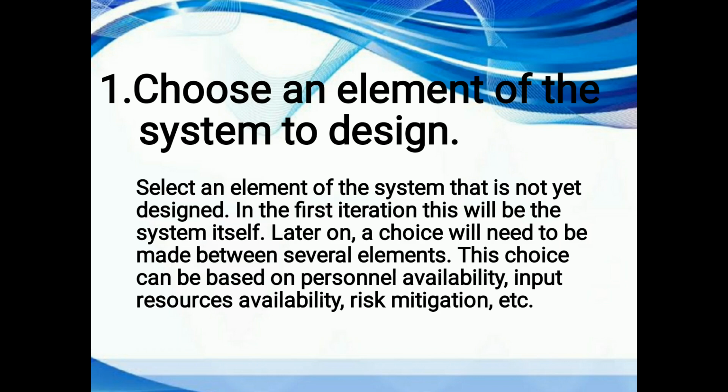Select an element of the system that is not yet designed. In the first iteration, this will be the system itself. Later on, a choice will need to be made between several elements. This choice can be based on personnel availability, input resources availability, risk mitigation, etc.